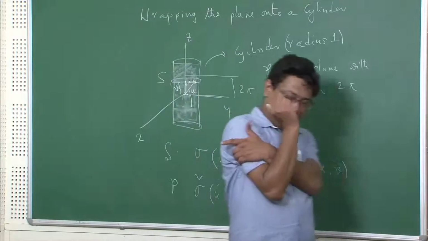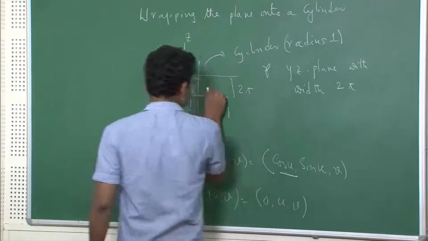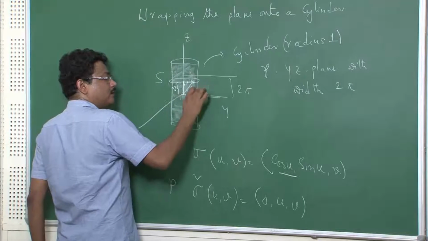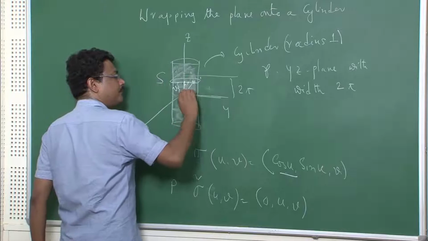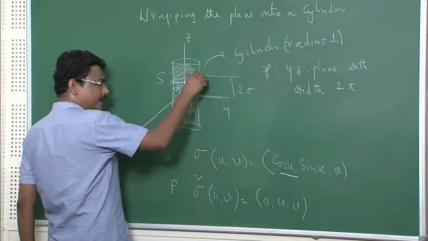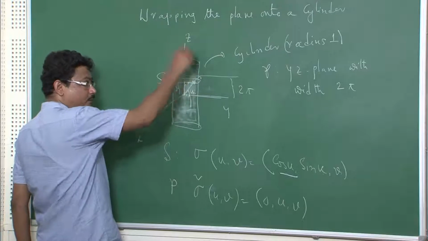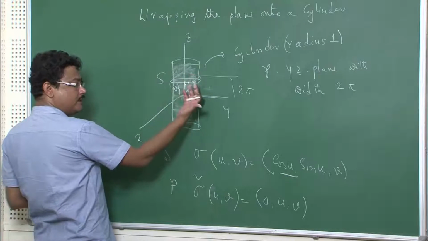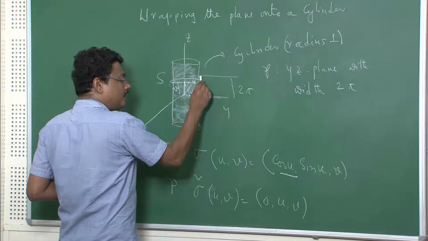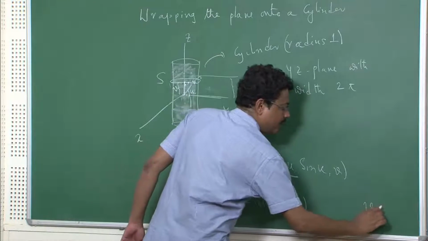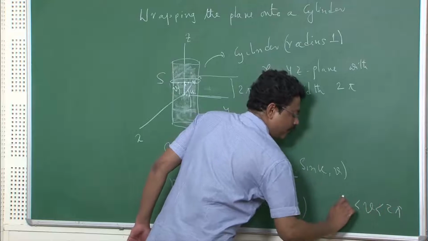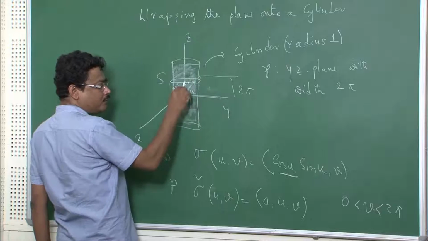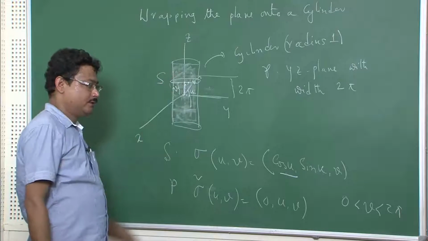So, you immediately understand that this particular point, which is at angle u with the YZ plane, will be mapped into this point, and v is between 0 and 2 pi, and the v coordinate will be mapped to the height of the point.